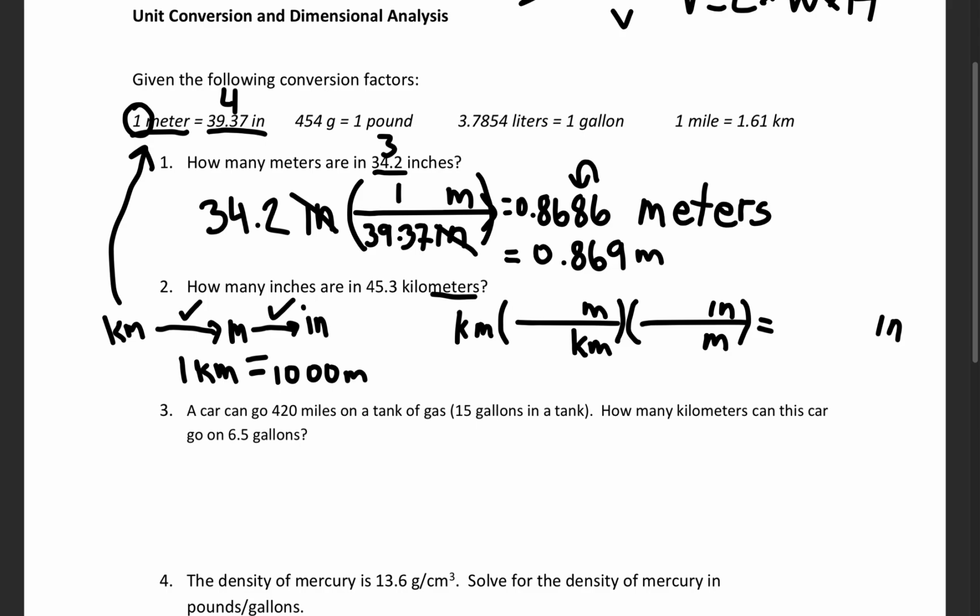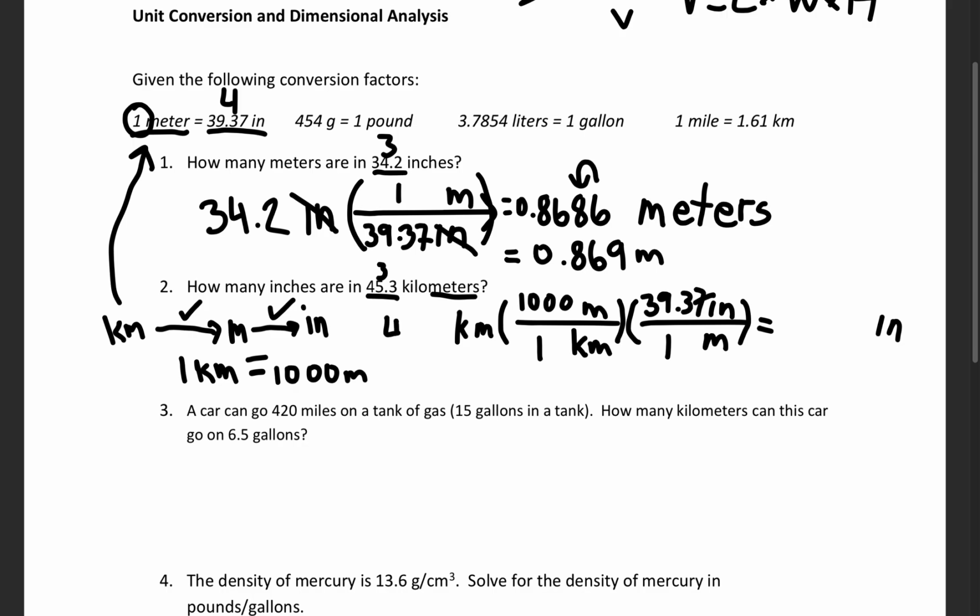Now I can just look at my numbers and say, okay, 1 kilometer is 1,000 meters, and 1 meter is 39.37 inches. I see that I have 3 significant figures again, and I still have 4 there.